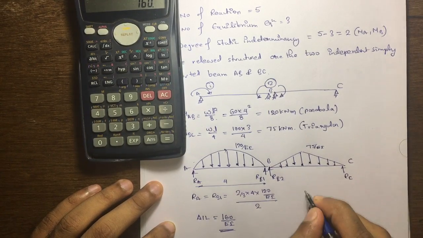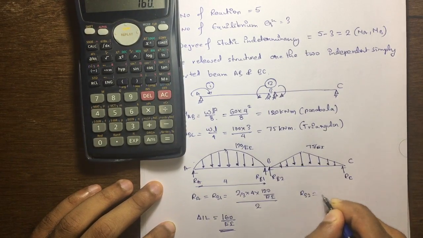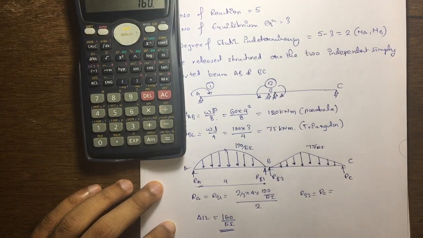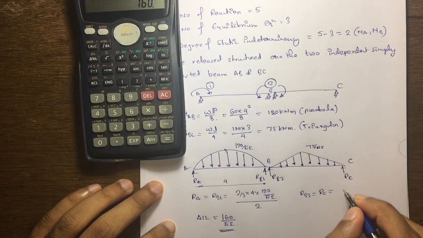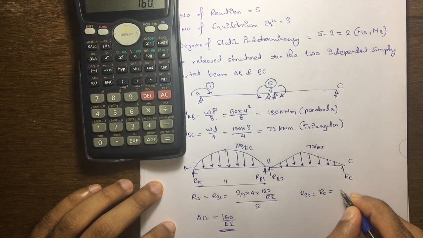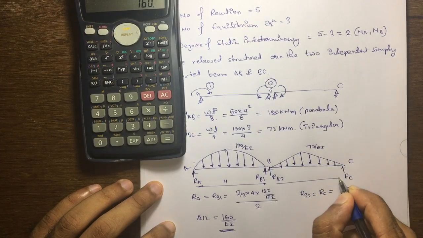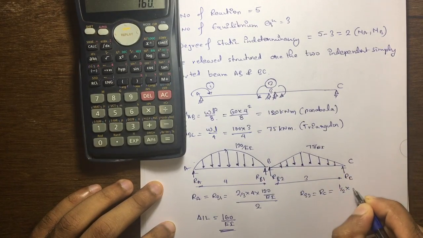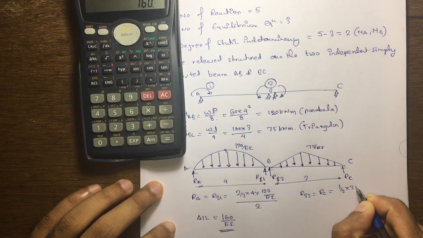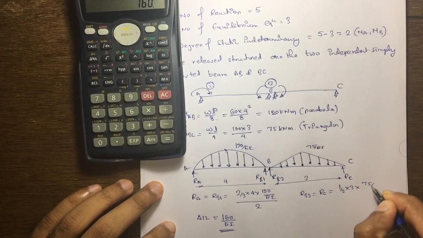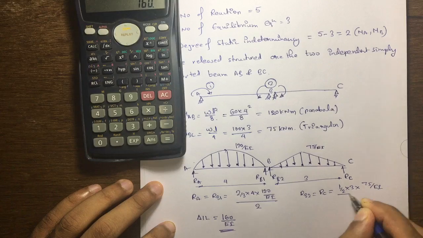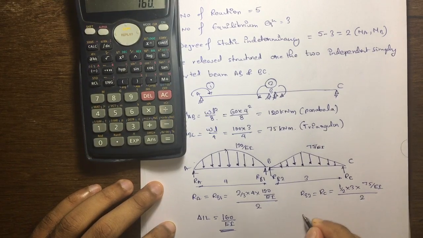So for the second beam, RB2 is equal to RC, which is the area of the triangle, half into base 3 meter into height 75 divided by EI, entire value divided by 2.